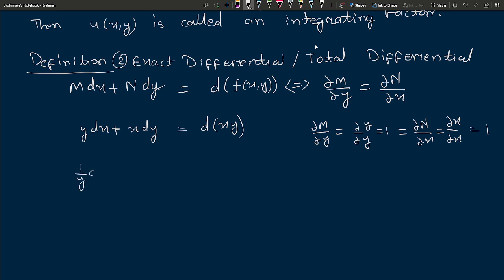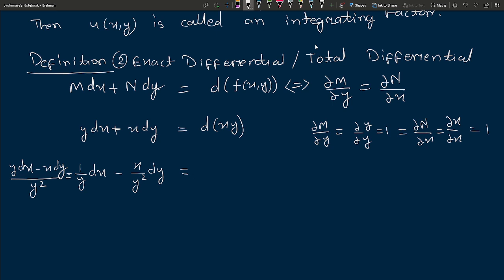Okay. Similarly, if I write 1 by y dx minus x by y square dy, this is also an exact differential. Means if I write y dx minus x dy by y square, this is equal to 1 by y dx minus x by y square dy.